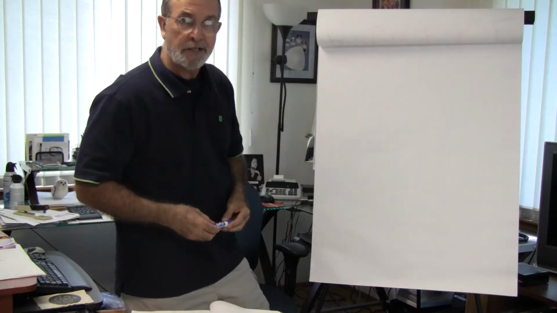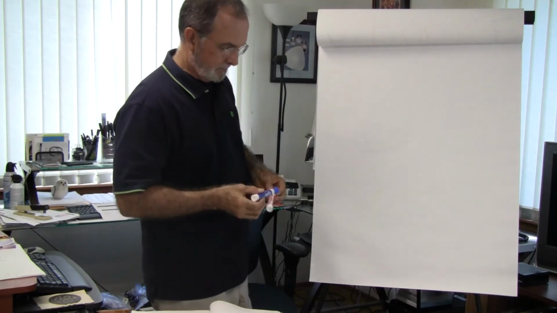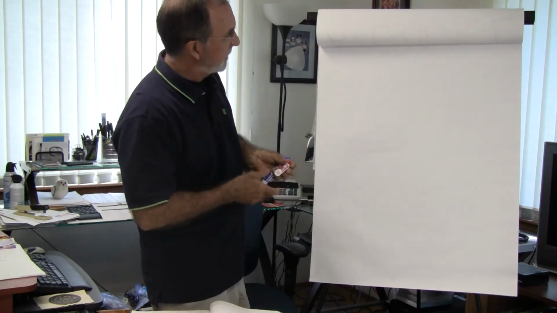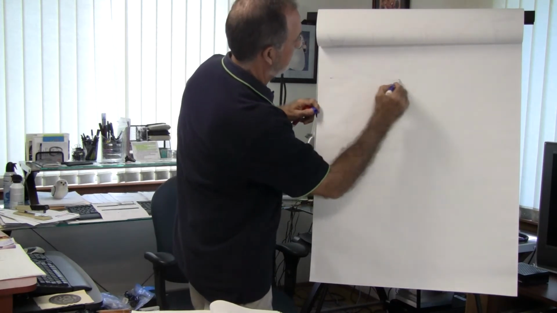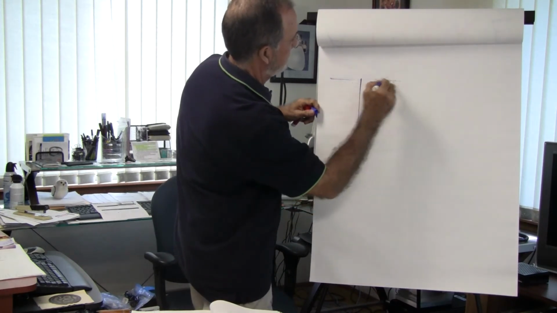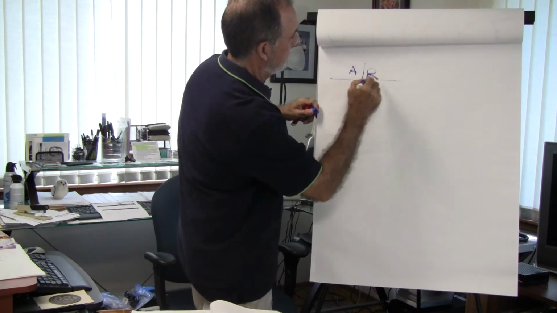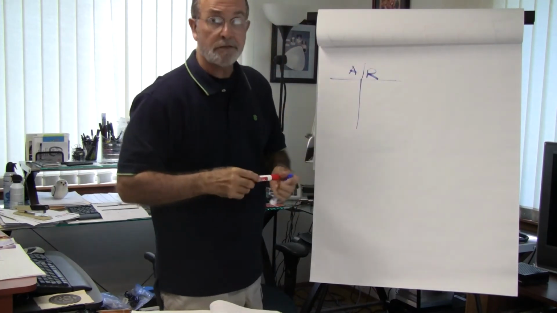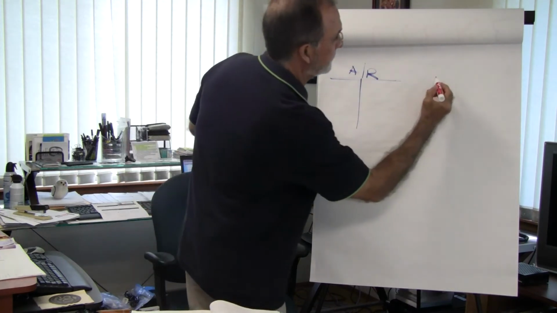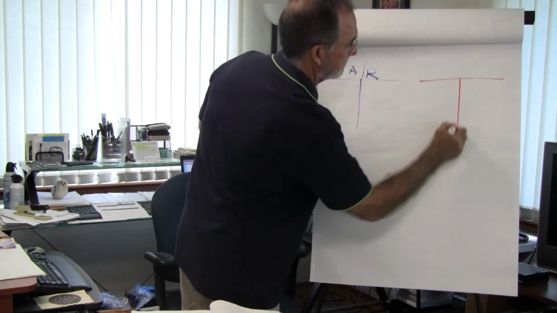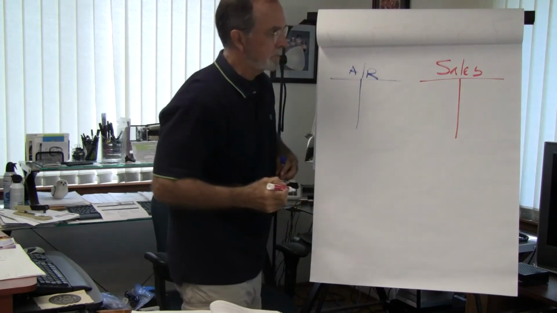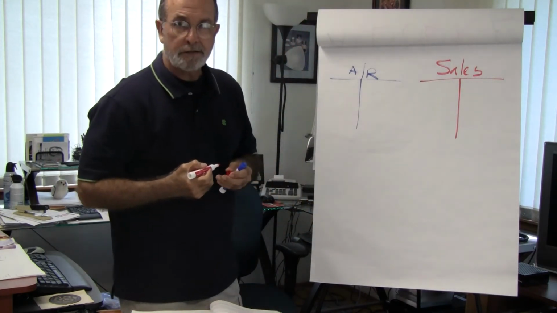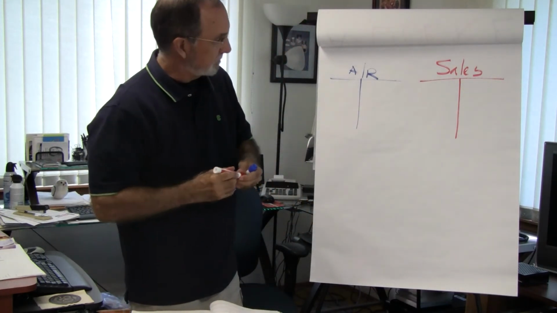If we make a sale on credit, the accounts affected would be accounts receivable and sales. And let's say that sale is for $100.